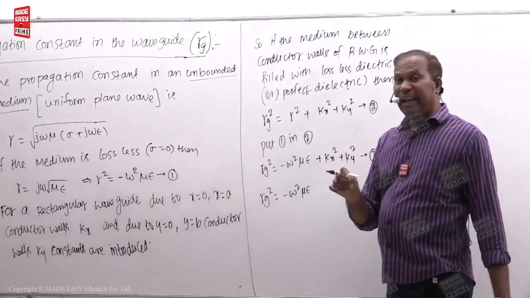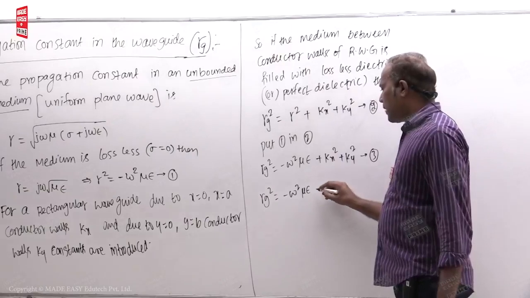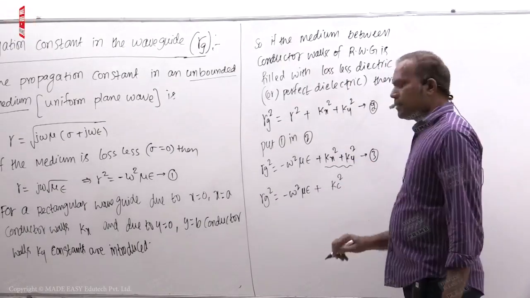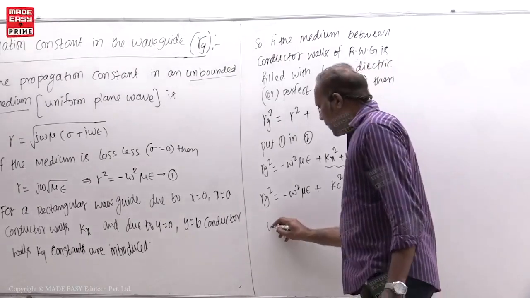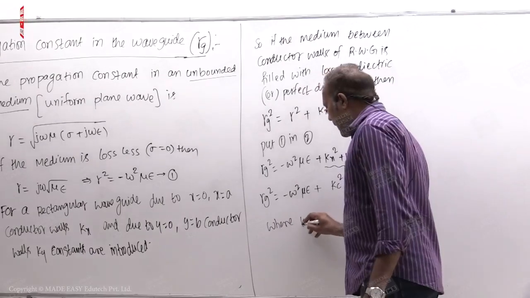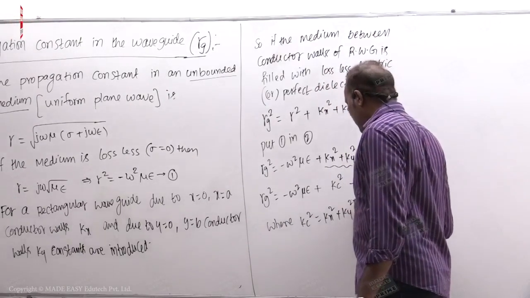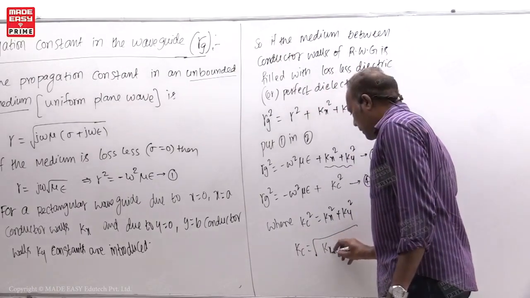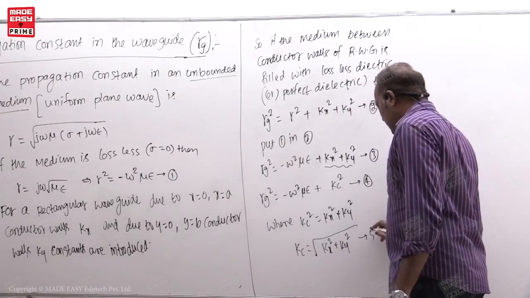Kx is m pi by a. Kx unit is 1 by meter. Whole square means 1 by meter square. That's why these together are written as kc square. So this is equation number 4, where kc square is equal to kx square plus ky square. So kc is equal to root of kx square plus ky square. So this is equation number 5.